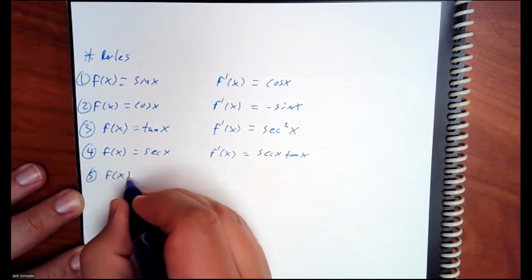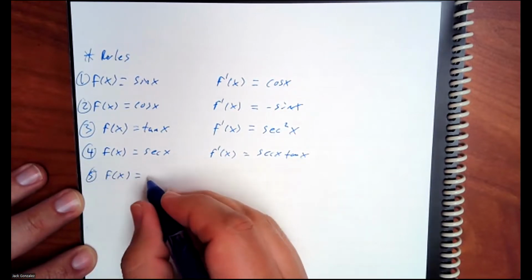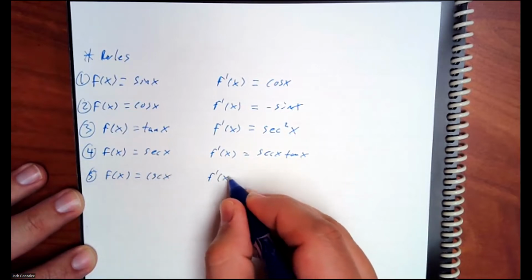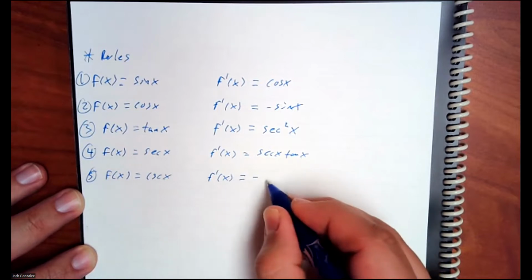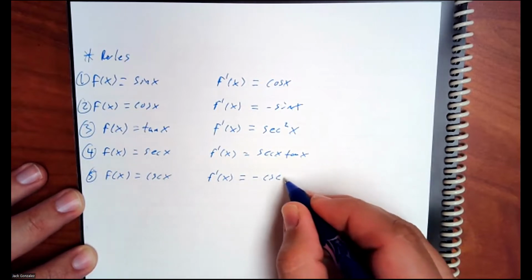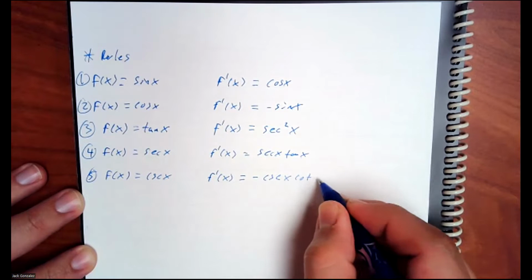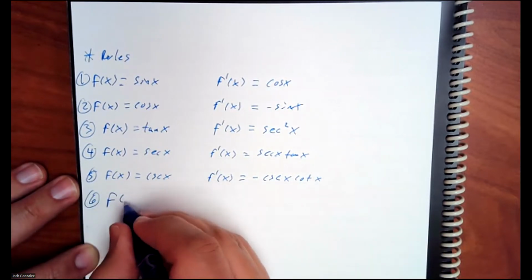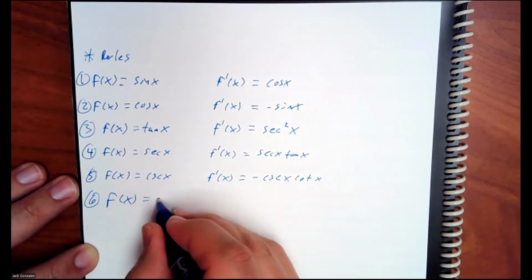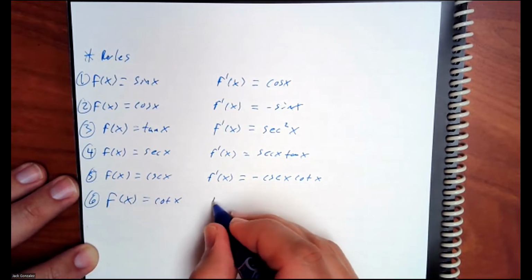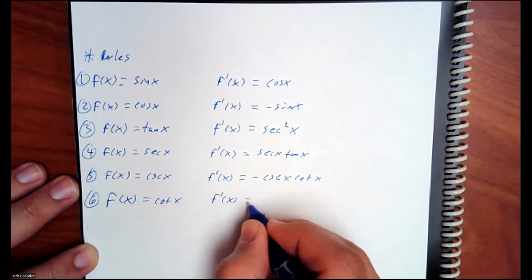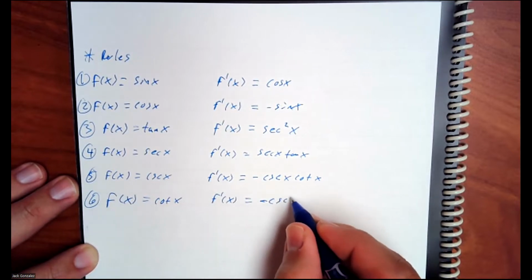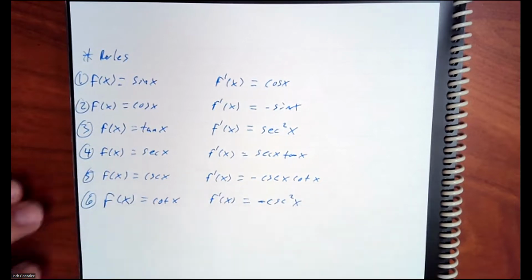If your function is cosecant, the derivative is negative cosecant cotangent. I forgot one. Cotan. Derivative will be negative cosecant squared x.